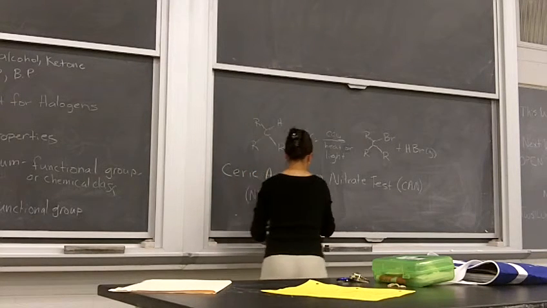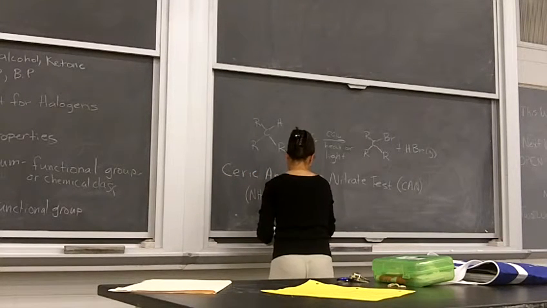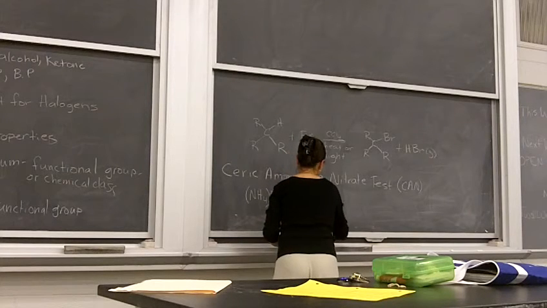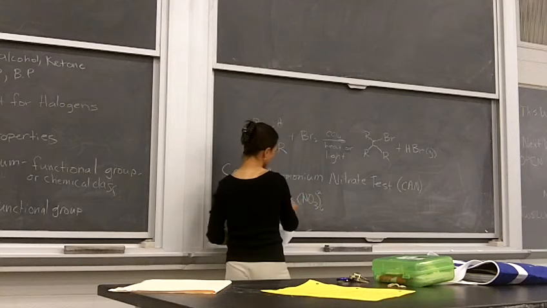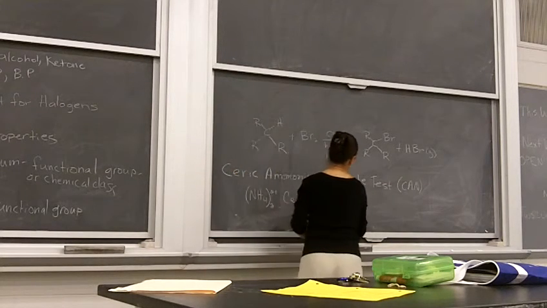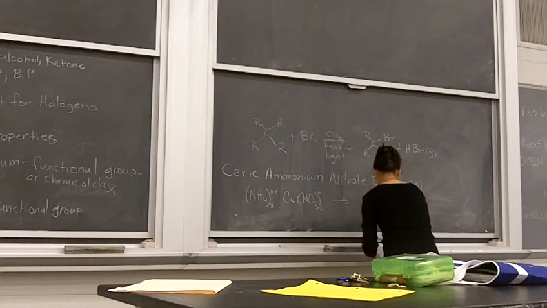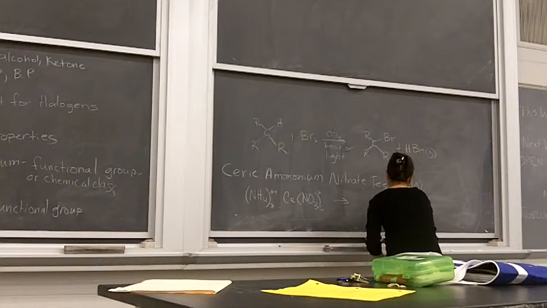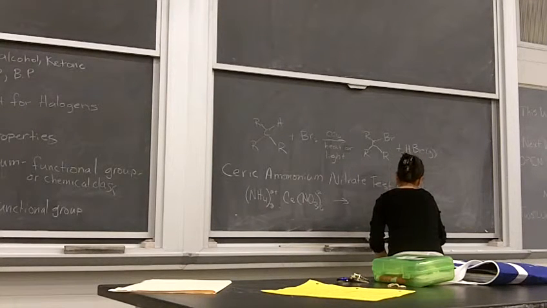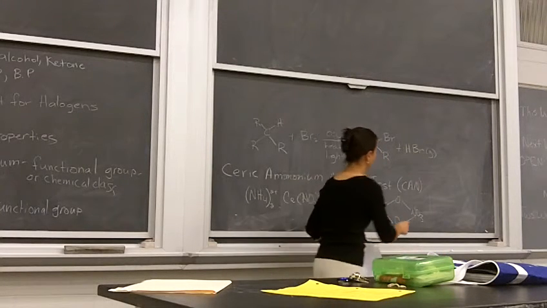And the cerium, and then we've got 6 nitrates with that. And what happens is when it is in the presence of an alcohol, it forms this complex. So you've got the cerium complexing with the oxygens of the alcohol. So you've got something like that.